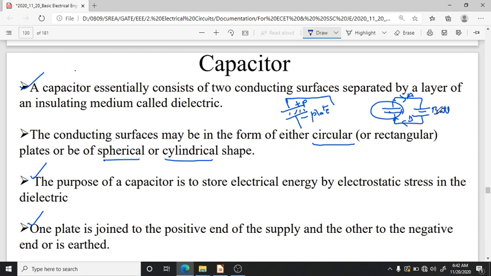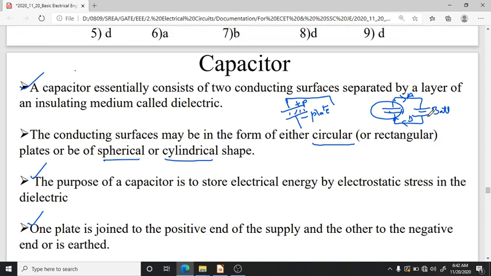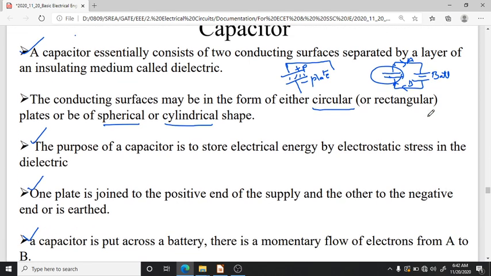Then there is no current; the current slowly decreases and at one point becomes zero. After complete charging, the capacitor won't take current.